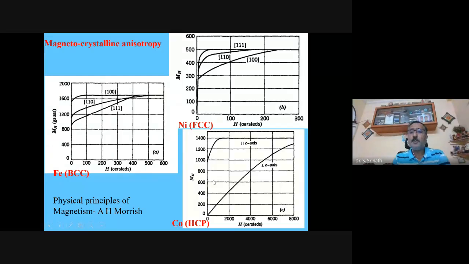So that is why this is called uniaxial. You remember, when the spins are parallel to the C axis, the energy is minimum. This kind of anisotropy is called uniaxial anisotropy, whereas in this case, it is called cubic anisotropy, because the structure is cubic and it determines the energy minimum if the spins are oriented along those directions.